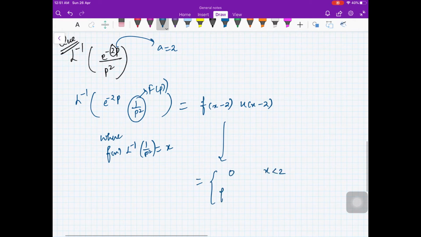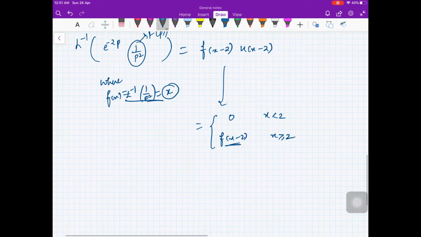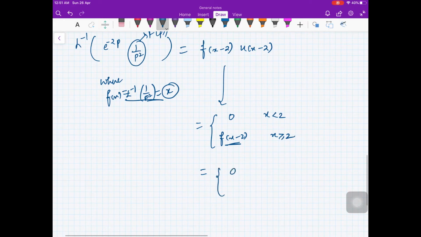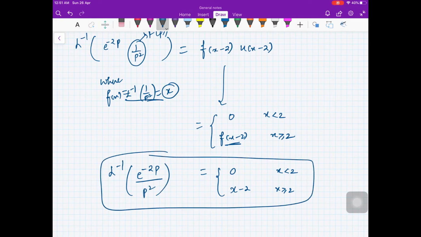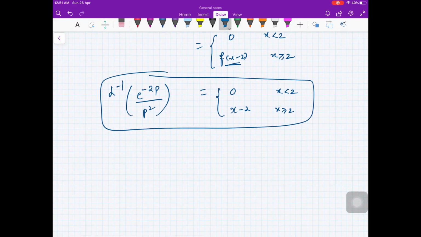So this is 0 for x less than 2, and f of x minus 2 for x greater than or equal to 2. Since f of x is x, f of x minus 2 is x minus 2. So it is x minus 2 for x greater than or equal to 2, and 0 for x less than 2. This is the Laplace inverse of e raised to minus 2p upon p square. This is how you can use the second shifting theorem to find the Laplace inverse.